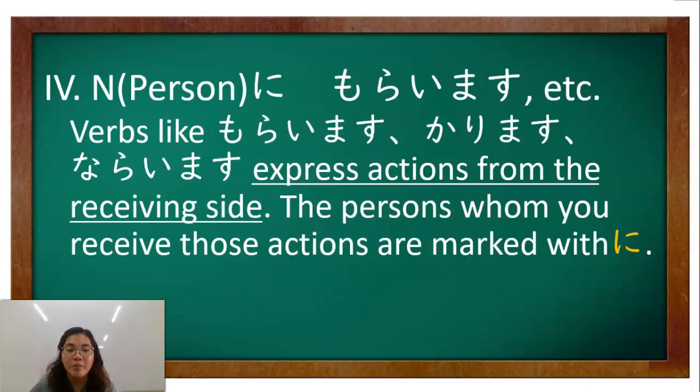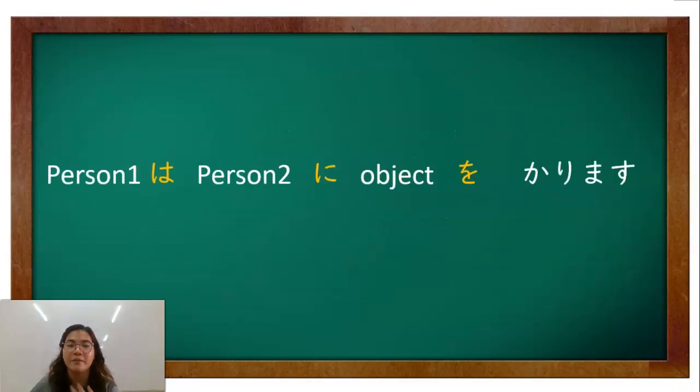The persons from whom you receive those actions are marked with ni. Kung kanino mo naman natanggap, kanino mo hiniram, or kanino mo natutunan ang isang bagay, siya naman yung particle ni. For example, here: person wa, person ni, object o karimasu.